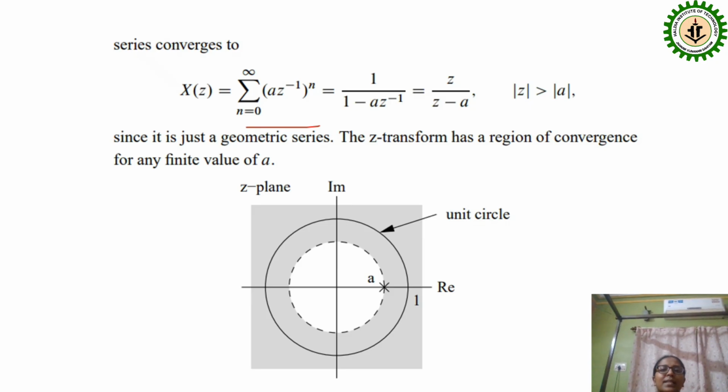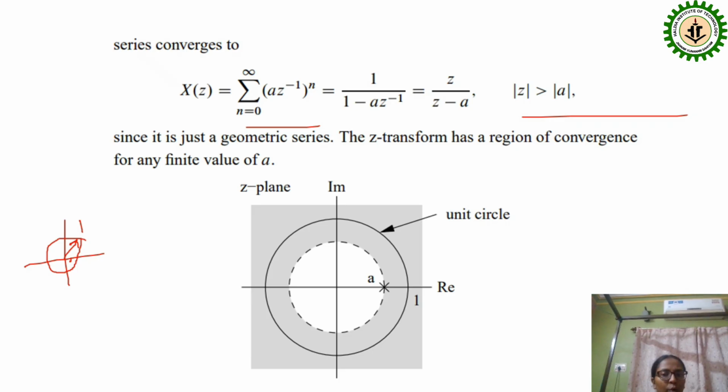What is happening? What is the meaning of this? Mod z is greater than a. If this is the unity circle and a is within that unity circle, suppose this is the pole, since the denominator represents the pole.